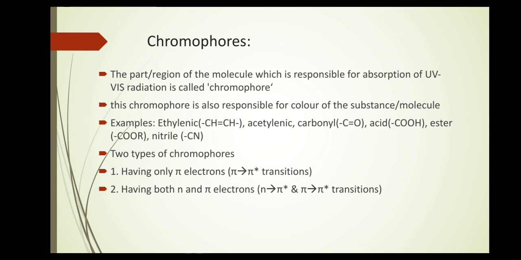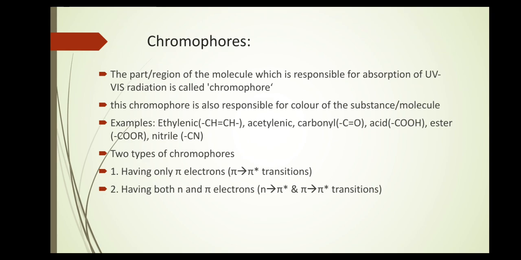Therefore, because of pi electrons, that means pi bonds, and because of n electrons, that means non-bonding electrons, the transitions will take place. So these chromophores can be classified into 2 types. If the functional group has only pi electrons, then pi to pi star transitions will occur.